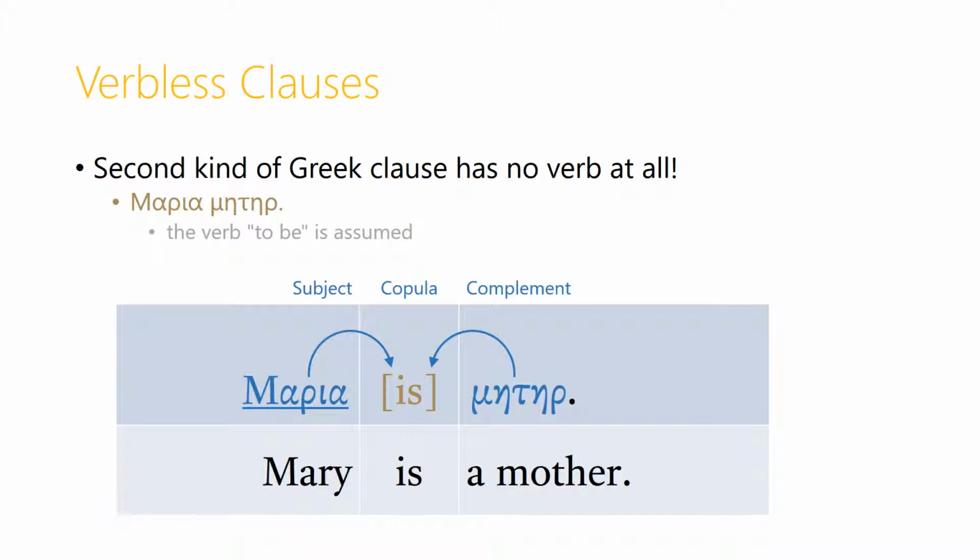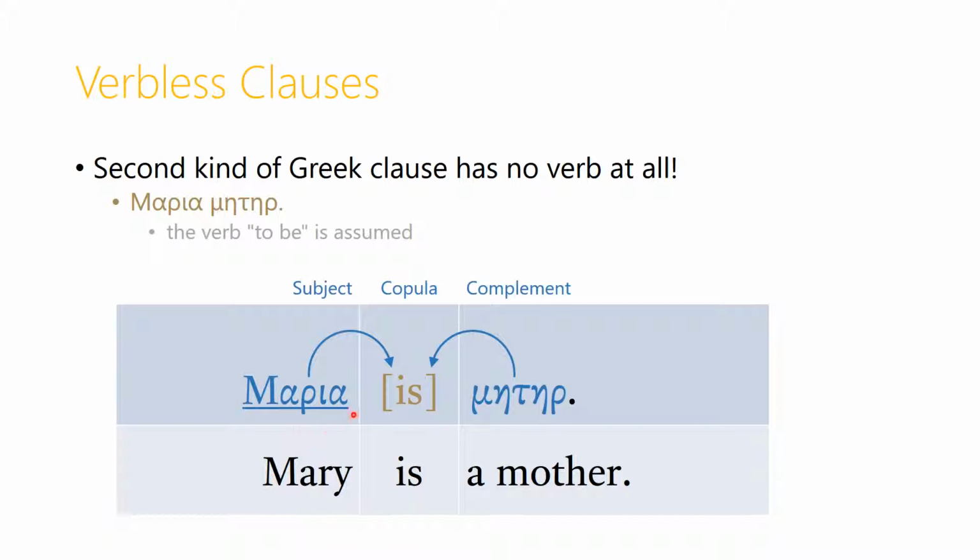Is this sentence Maria Mater, is it saying Maria is a mother, or is it saying mother is Maria? In theory, it could be either one, but usually the subject of the verbless clause will be definite. In other words, it'll either have the definite article, or it'll be a proper noun, which is implicitly definite. And Maria, in this case, is a proper noun.